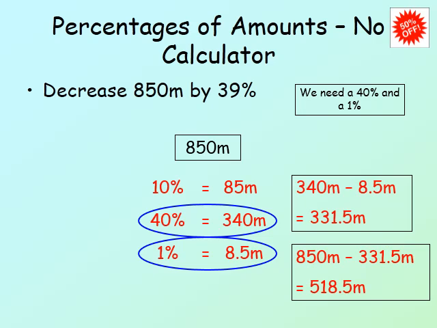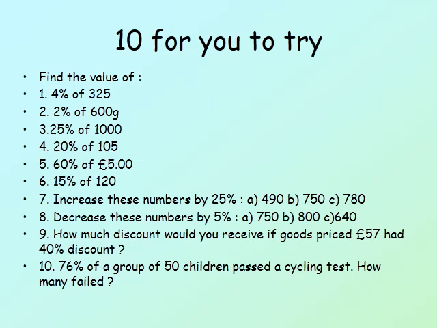So the original amount was 850, and we take 39% off that, which was 331.5, giving us the answer of 518.5 meters.